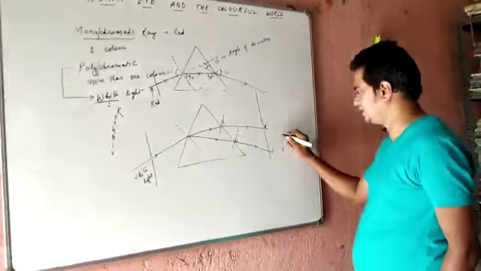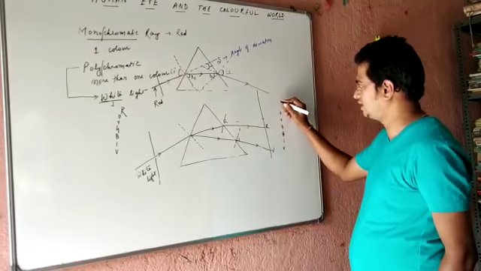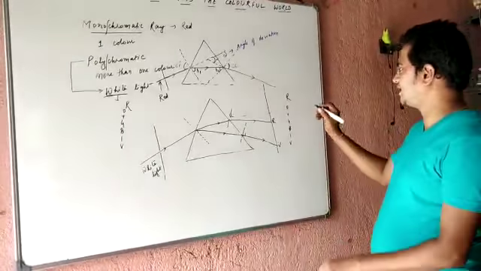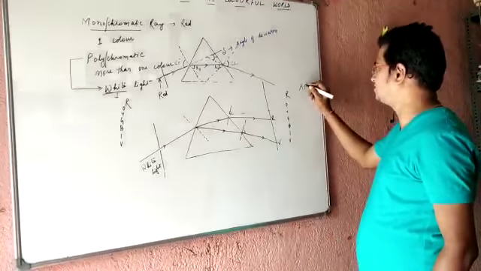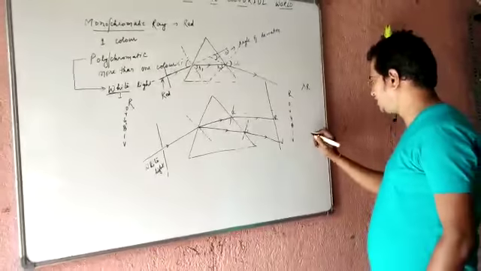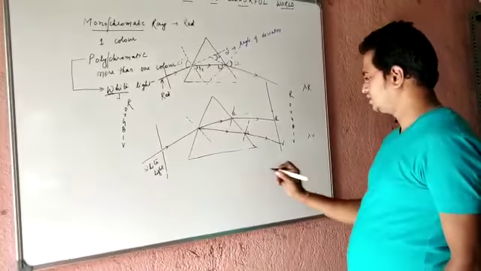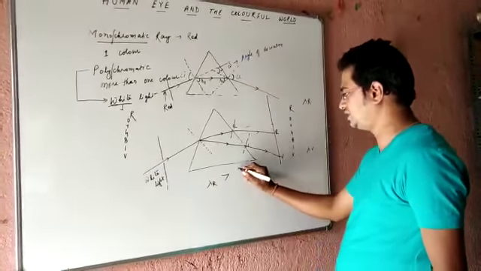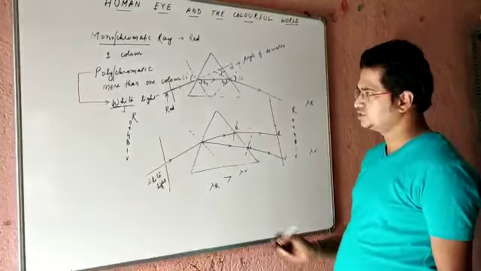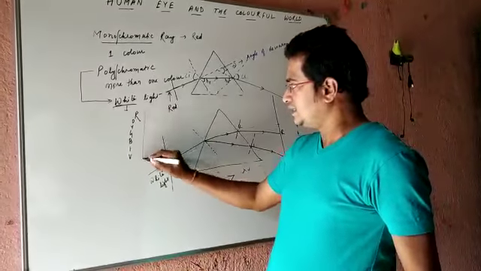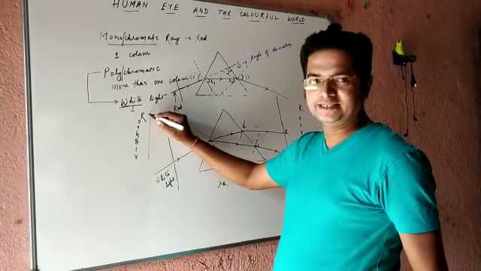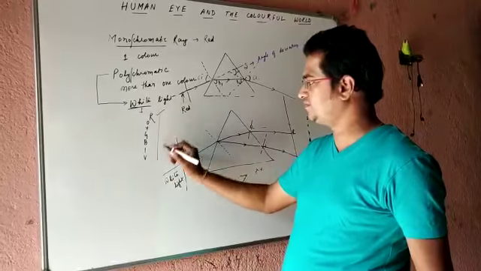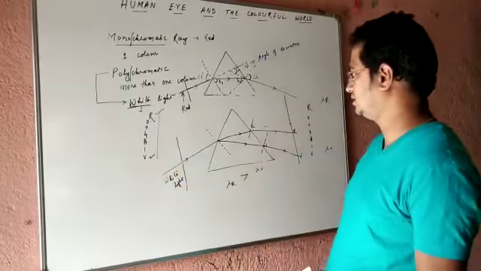That is violet, indigo, blue, green, yellow, orange, red. So from here you should understand that red has maximum wavelength. Violet has minimum wavelength. From the top it is in descending order, and from the bottom it is in ascending order. That means red has maximum wavelength, violet has minimum wavelength.